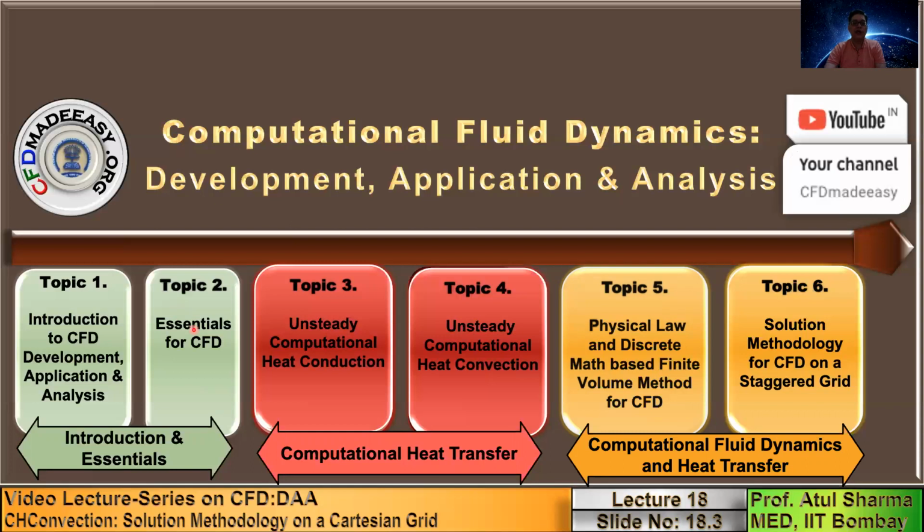We started with conduction, which corresponds to diffusion transport, and then we considered the bulk motion based advection along with the conduction. The combination of conduction and advection we considered as heat convection.